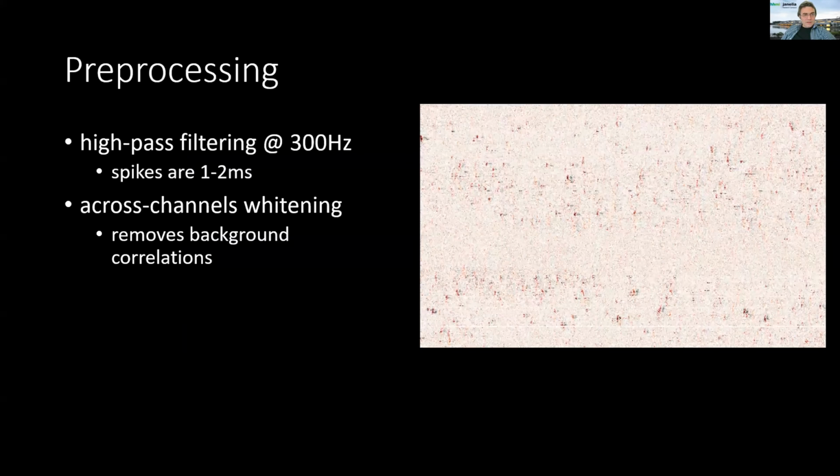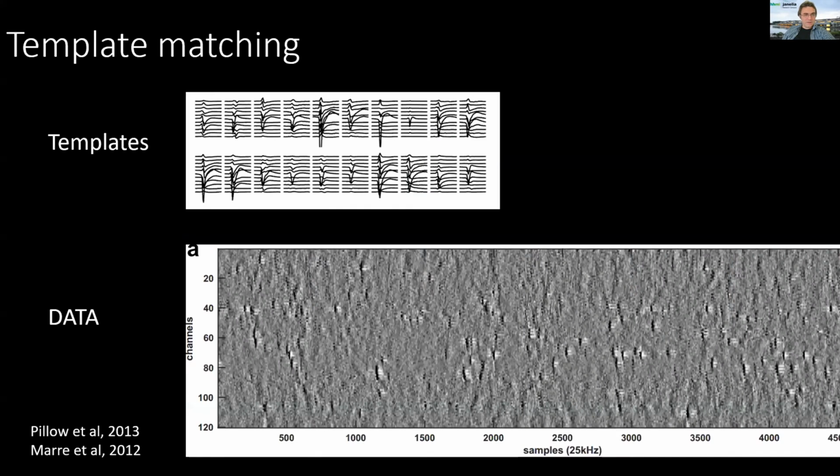Kilosort 1, 2016. This pre-processing step, again, has been retained since then. The details of it you can find in the paper. And now the step that also goes all the way to 2016 from the original Kilosort is a template matching step. And again, there were people experimenting with this even before, like Jonathan Pillow and Olivier Marre a few years before. The idea here is that we will represent our neurons as templates, their spatiotemporal signatures over channels.